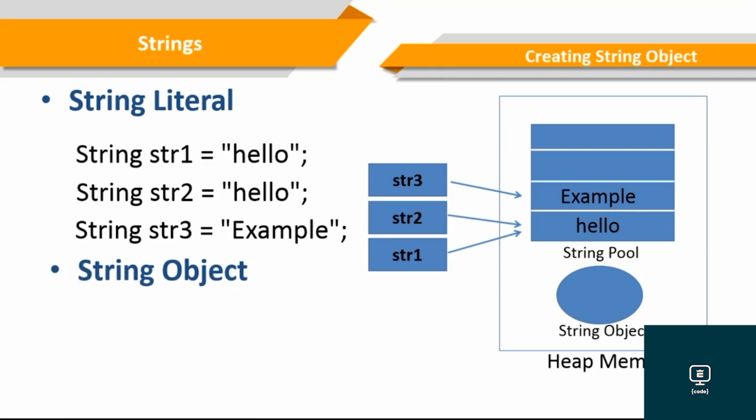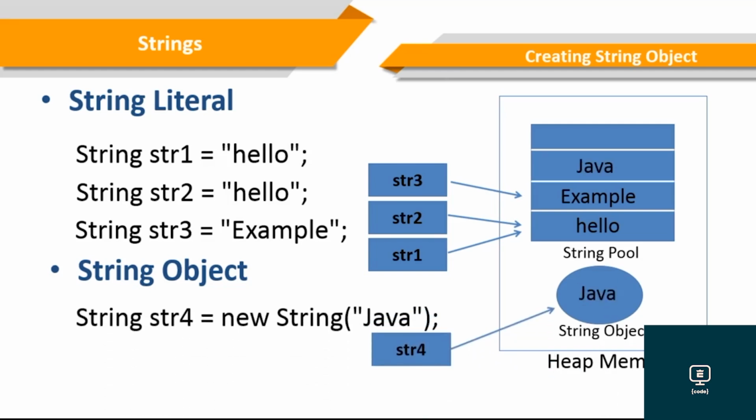We create a string object by using the new keyword. It creates two objects and one reference variable. This variable refers to the object in the heap. As you can see in this diagram in the last line, the new string object with the string Java is created in heap.